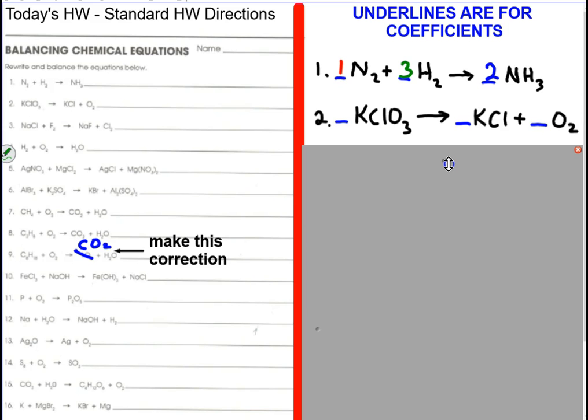I'm going to show you a trick that you can use. You can take this 2 and use it for a coefficient for getting this guy to be 6. And we're going to put that right there. Then we're going to take this 3 that you see right here and use it for a coefficient over here.